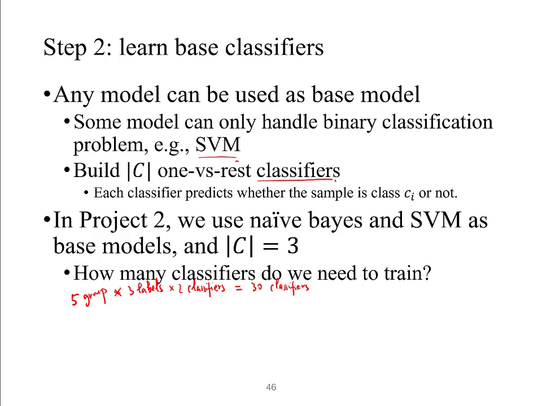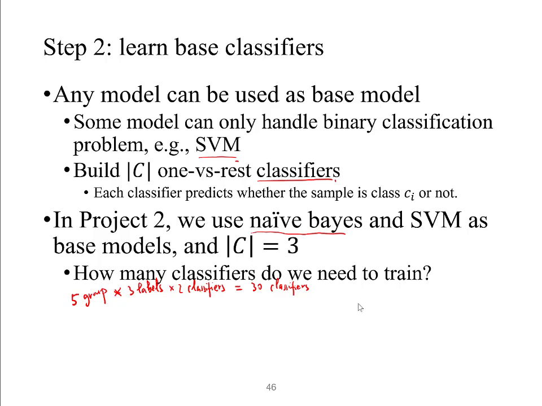Note that naive Bayes actually can handle a multi-label classification problem, but in order to reduce the difficulty of this project, we also use one versus rest on the naive Bayes classifier. So for both naive Bayes and SVM, we need to train a classifier on the 3 different labels.